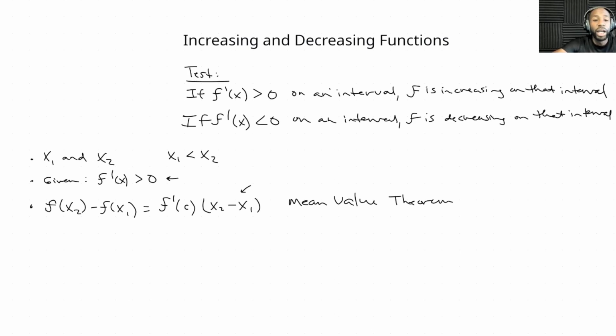So if the first derivative is greater than zero and x2 minus x1 is greater than zero, in other words both of these are positive, then this times this is also greater than zero. And therefore, since this is equal to f of x2 minus f of x1, f of x2 minus f of x1 is also greater than zero.